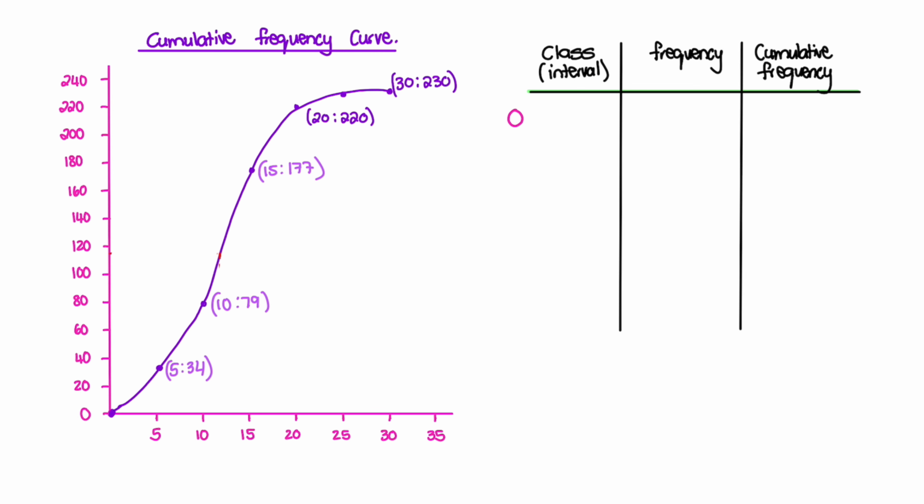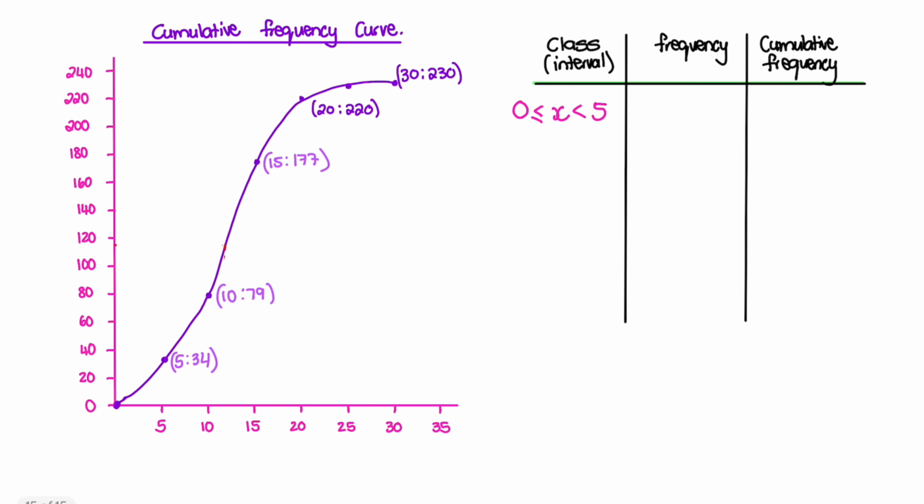So the x value went from 0 up until 5. So the upper limit here is 5, and x is in between. Now it'll be smaller than 5 and bigger and equal to 0. Don't be too concerned about the inequalities. What I want you to focus on is that we can recreate that interval, and that is between 0 and 5.